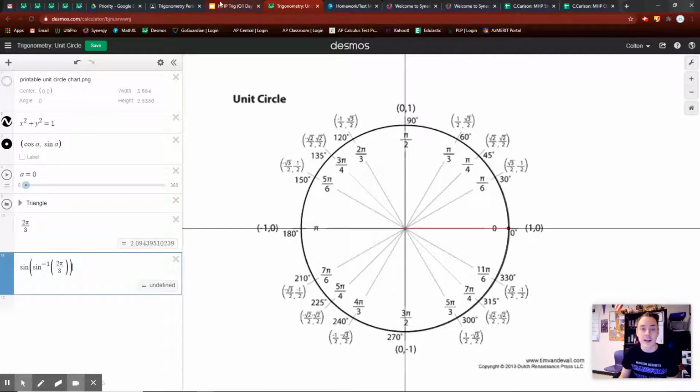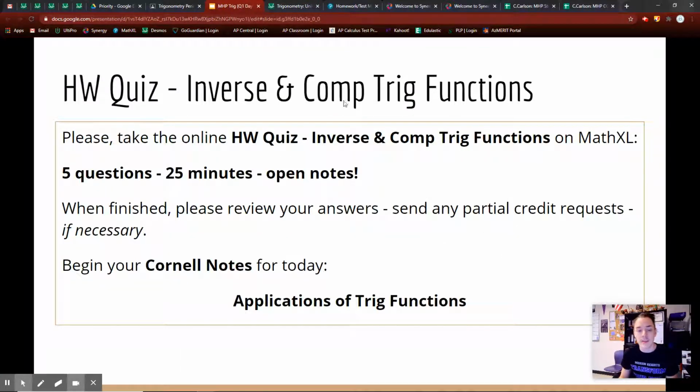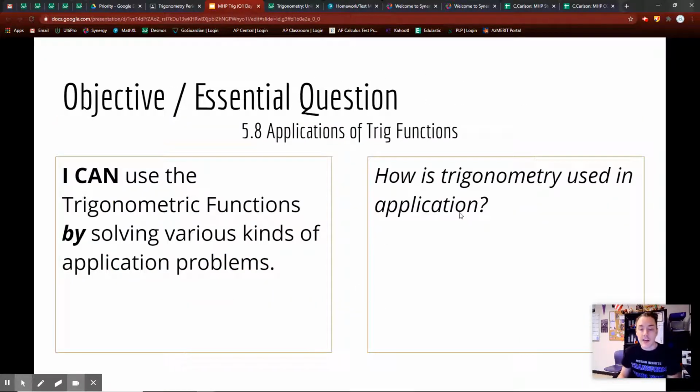Use the trig table common elements. Use your notes. Make sure you're taking good notes. If you have any questions, if you want to review answers, or if you want to send any partial credit requests my way, then do that, please, so that I can help you out during your quiz. Okay? Awesome.